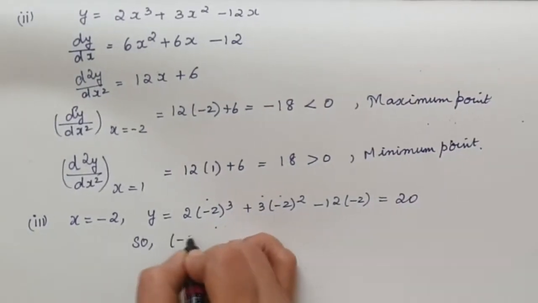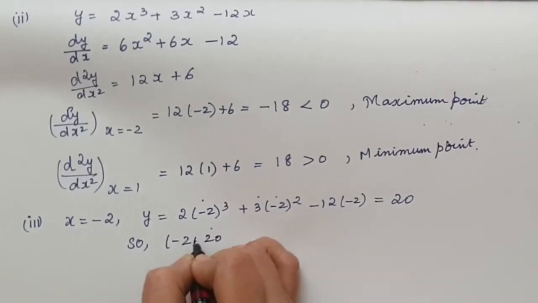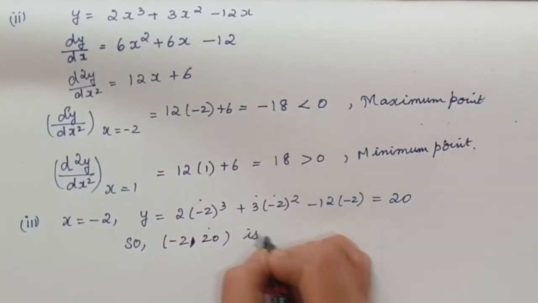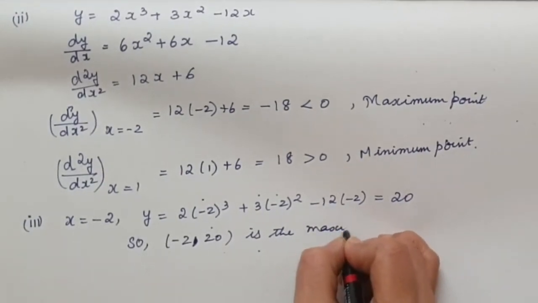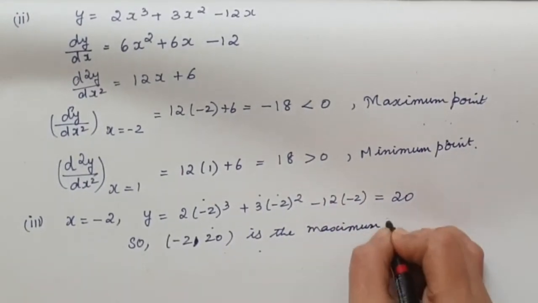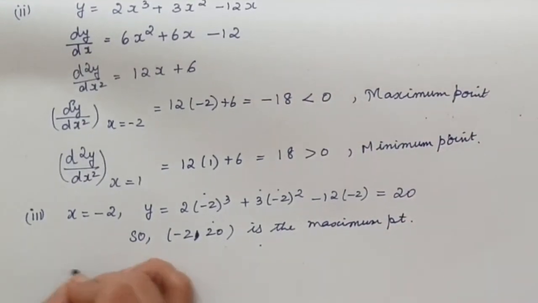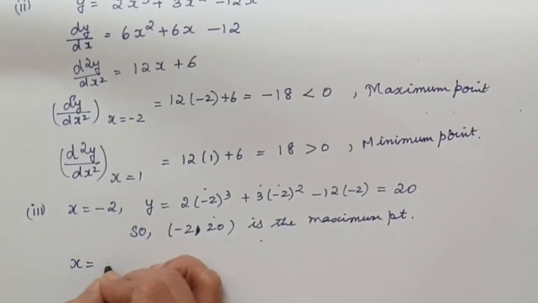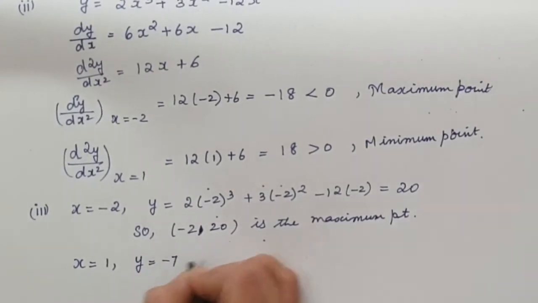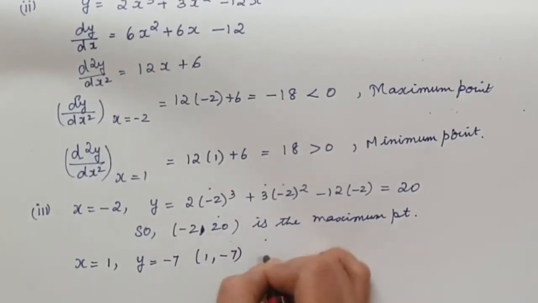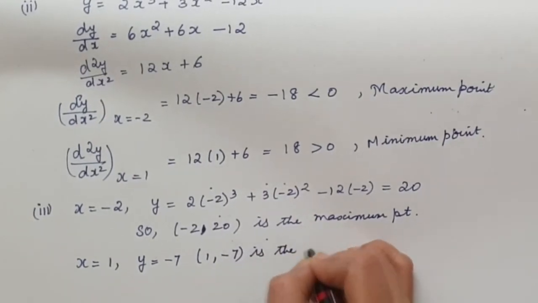So minus 2 comma 20 is the maximum point. In the same way, when we substitute x equal to 1, y will be equal to negative 7. So 1 comma minus 7 is the minimum point.